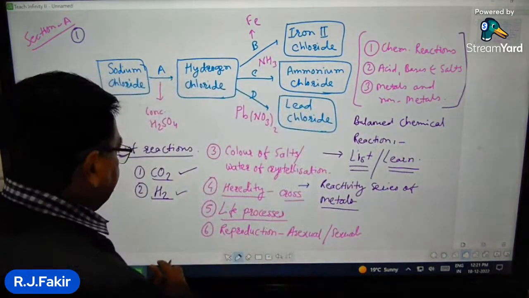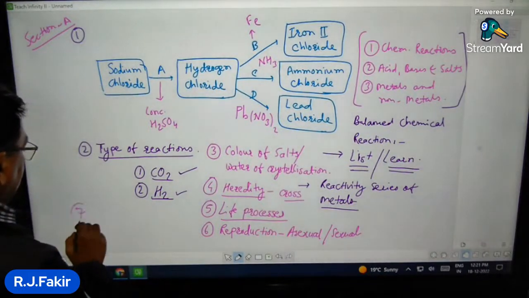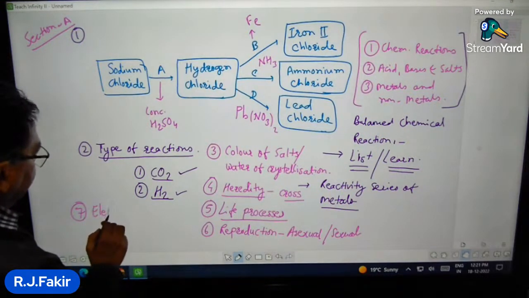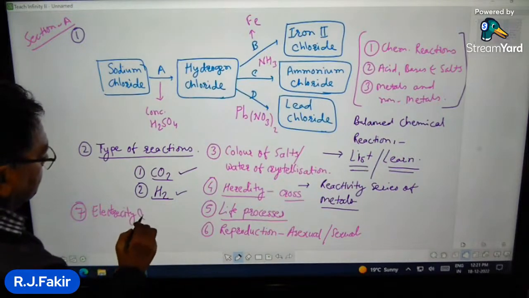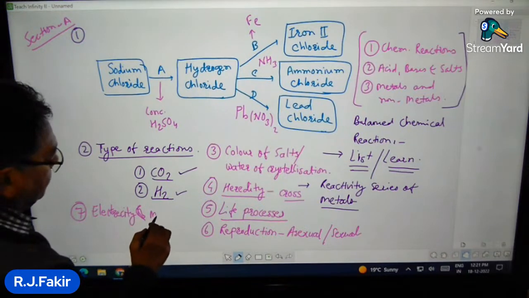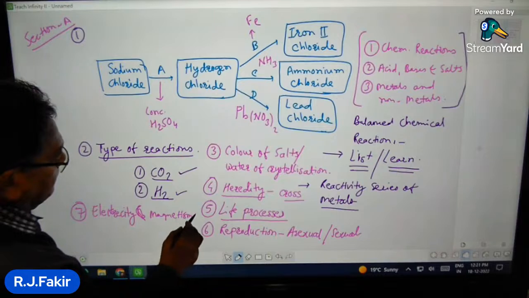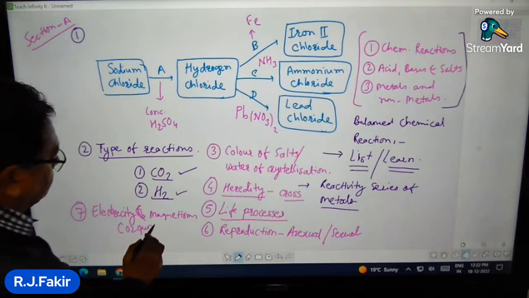And approximately there will be two questions you will get on the topics of electricity and magnetism. These two topics, you will get two questions on this in the first section.